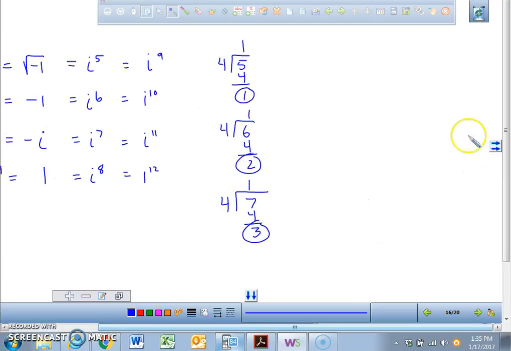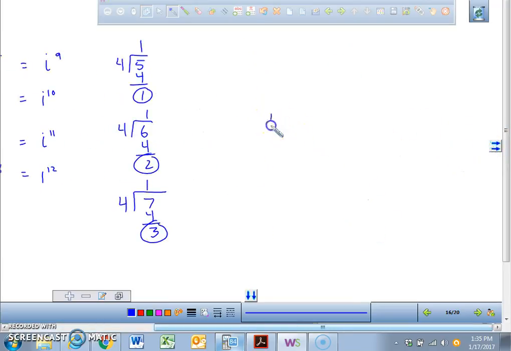So what if I gave you a problem like I to the power of 1,234? What I want you to do right now is take 1,234 and divide it by 4 to see if it goes into it evenly. Tell me what you get in the graphing calculator. 308.5.